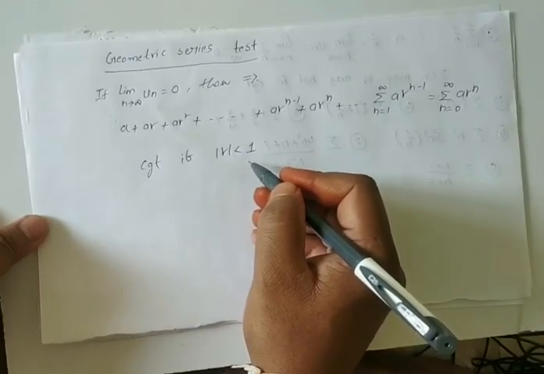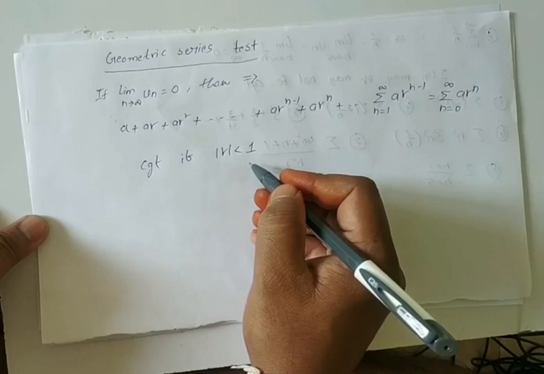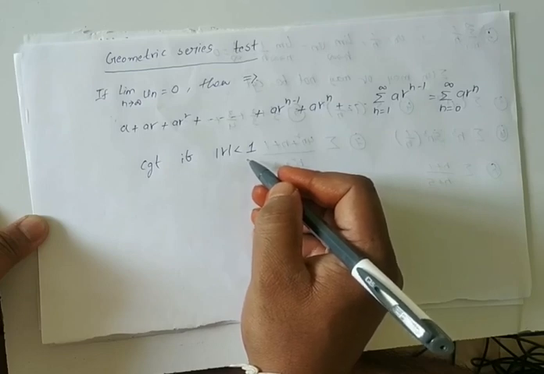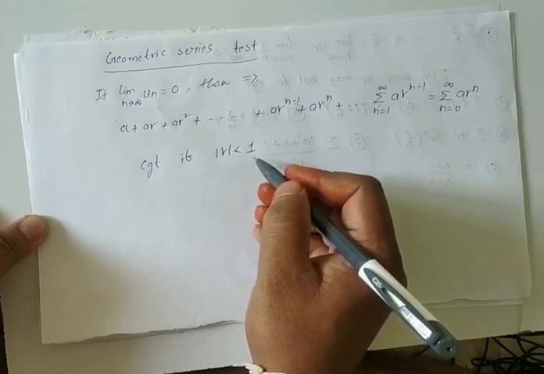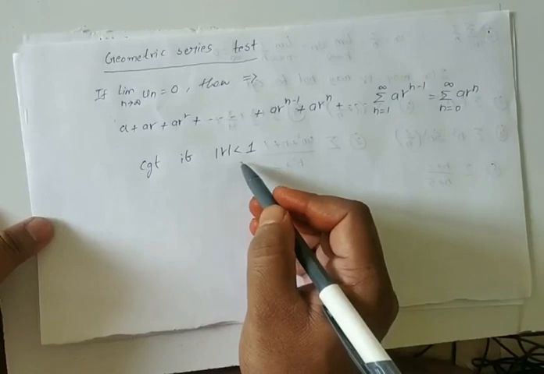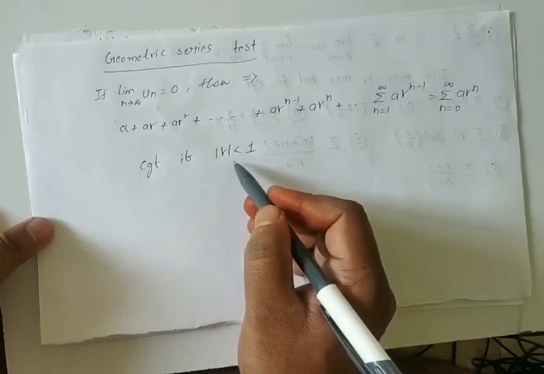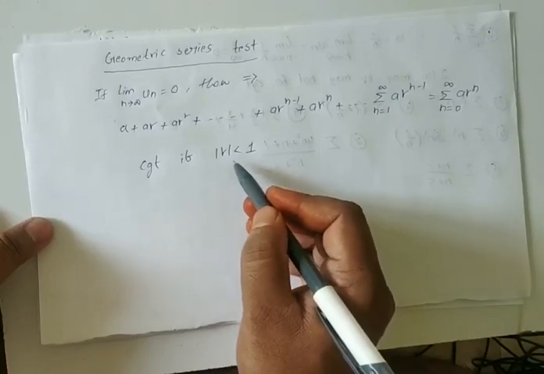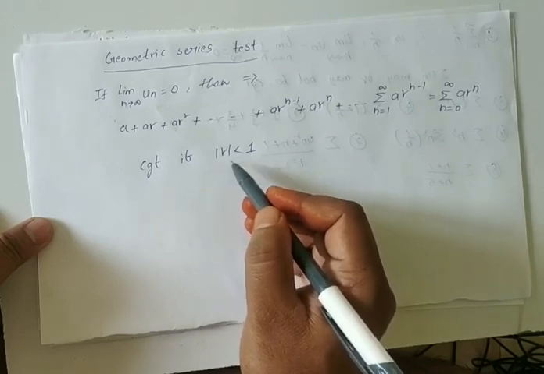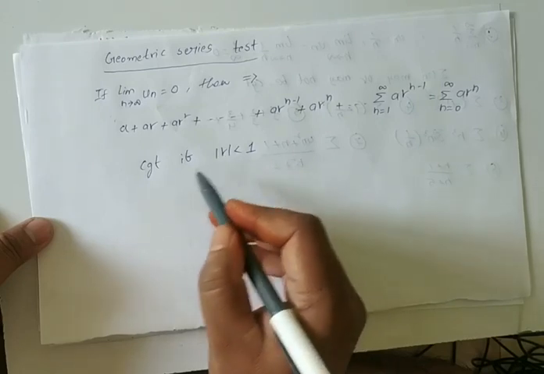When the geometric series is convergent? If mod r value is less than 1, then only we will say that the given geometric series is convergent.